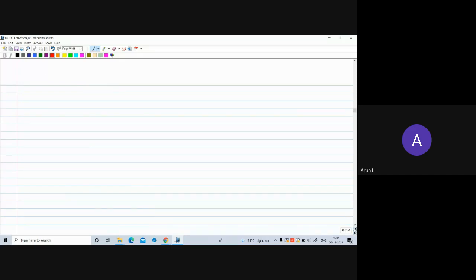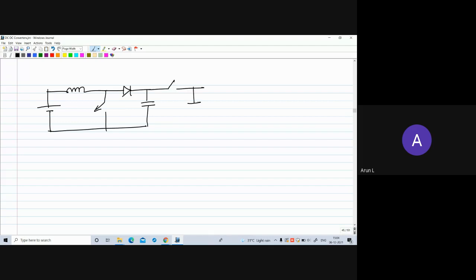So let us see how to easily remember this diagram. First we will draw a boost converter. Then after that we can draw a buck converter. Then this is our output.